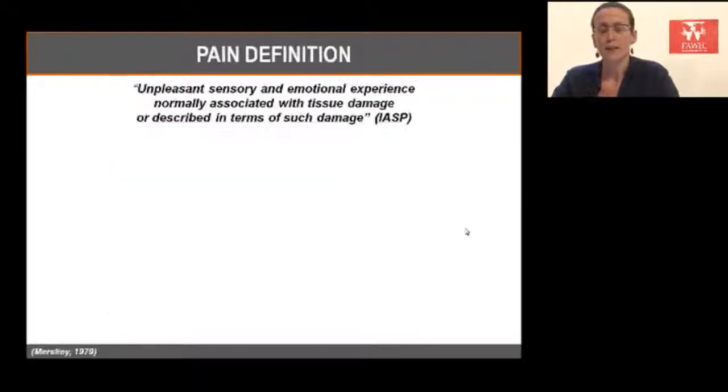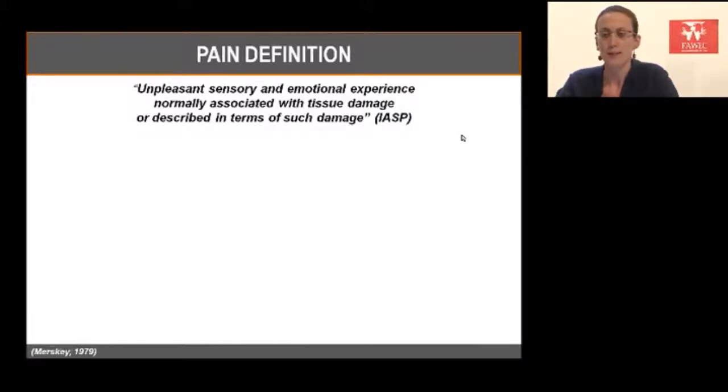There are different definitions of pain, but probably the most used one is the definition by the Association for the Study of Pain. Pain is an unpleasant sensory and emotional experience normally associated with tissue damage or described in terms of such damage. Regarding this definition, I would like to remark 2 aspects.